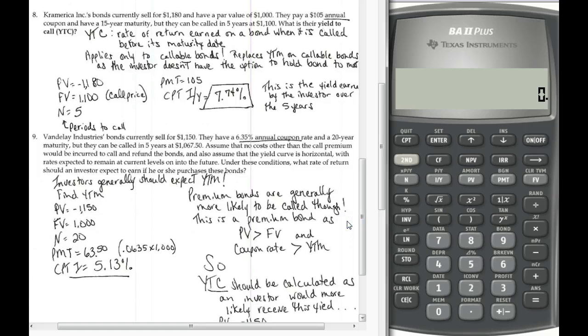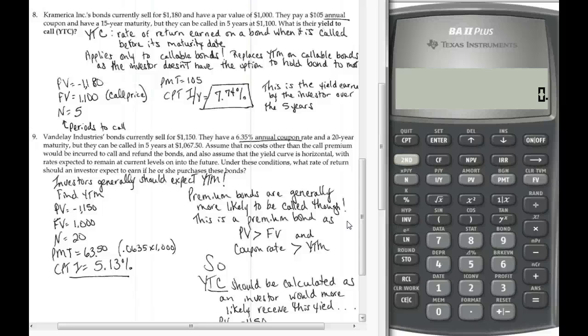All right. One last concept that I did not go over in the previous screencast or anything so far, and that's this concept of yield to call. Yield to call, if you read about bonds in Chapter 7 in your textbook already before doing the screencast, you learned a little bit about callable bonds, how investors might have an option to call a bond.